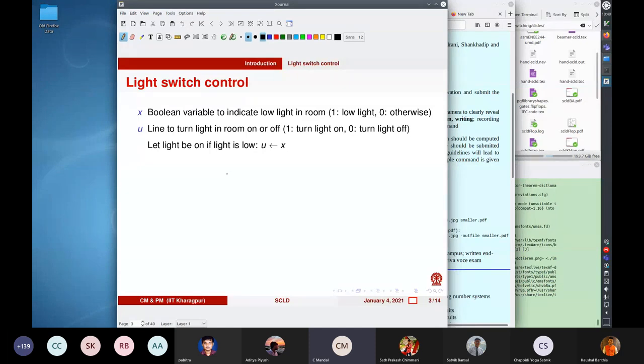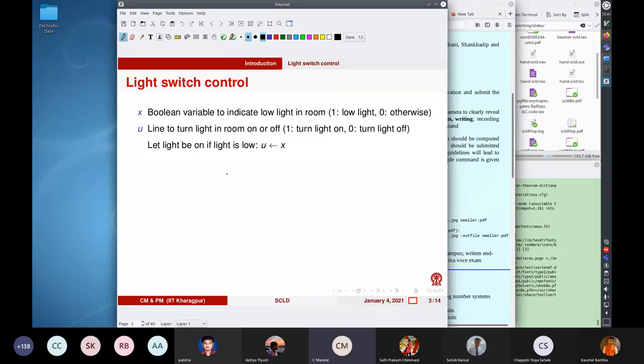So implicitly we are going with the abstraction now, because in an actual switch you would have to supply a certain voltage, but we'll go with the abstraction. We'll say that you have the switch.